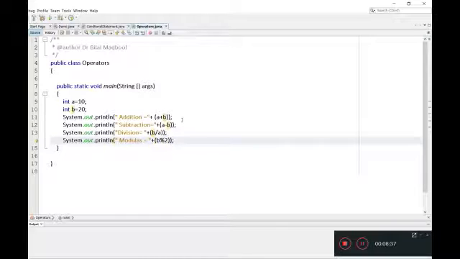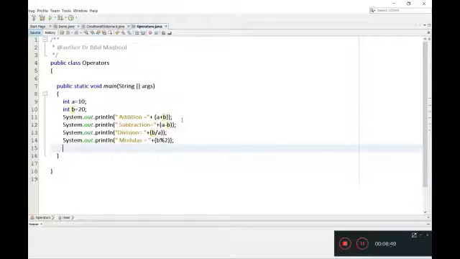Then System.out.println increment equal to a plus plus.